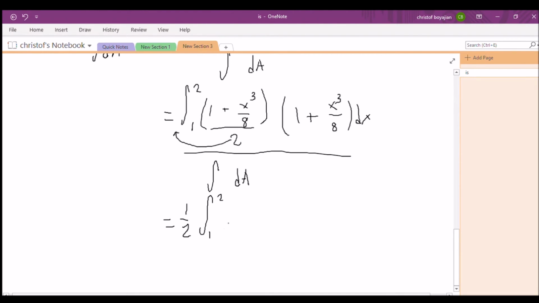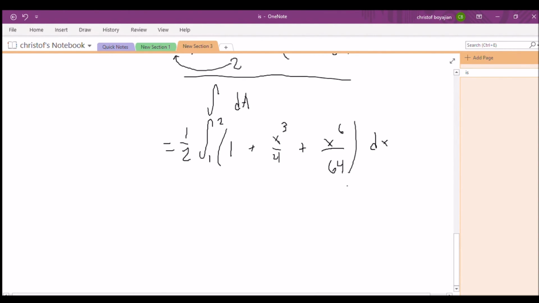So we're going to have 1 plus, this should be x cubed over 4, right? We do 2 of those. And then we have x cubed over 8 squared. So it's going to be x to the 6th over 64. And all of this is multiplied by dx. And then all of this is divided by our integral of dA.